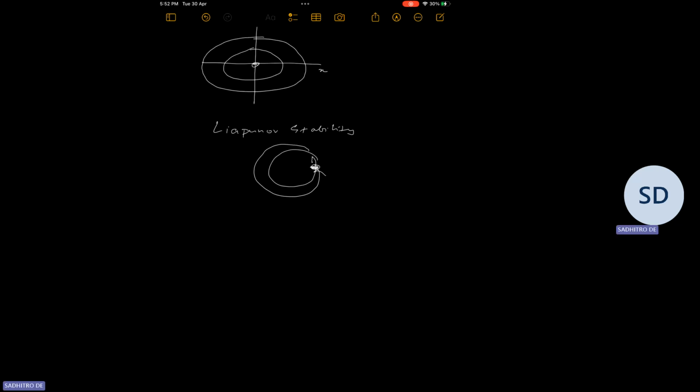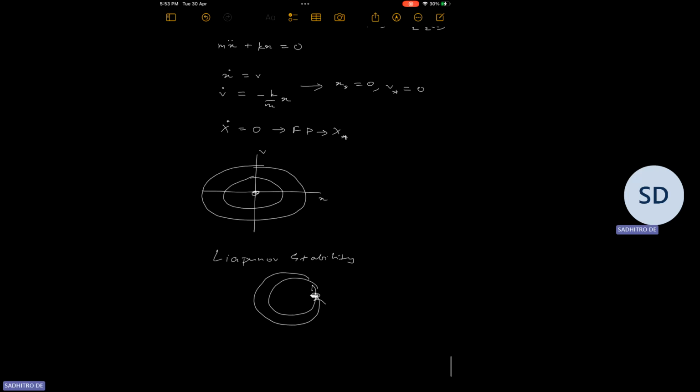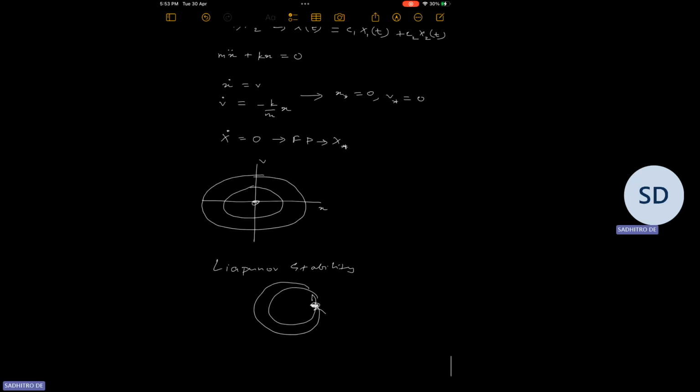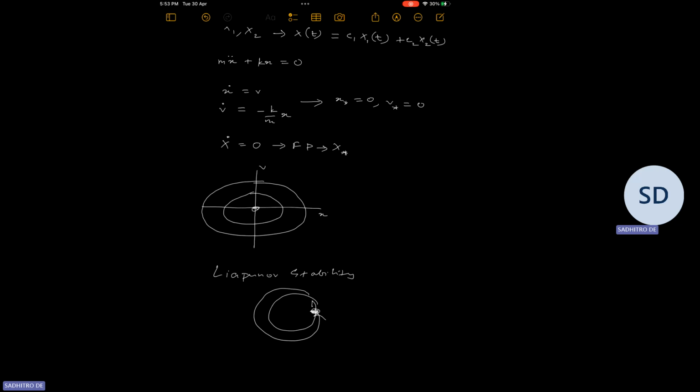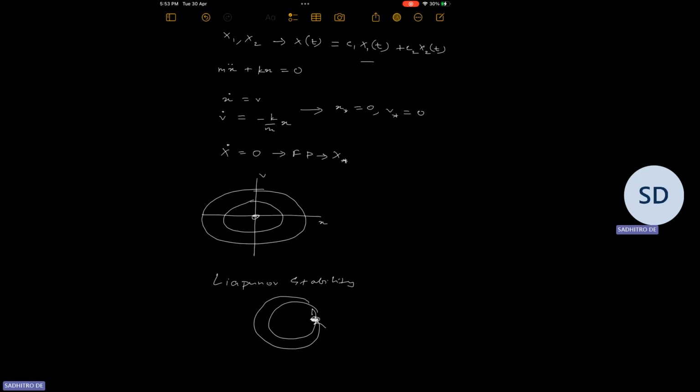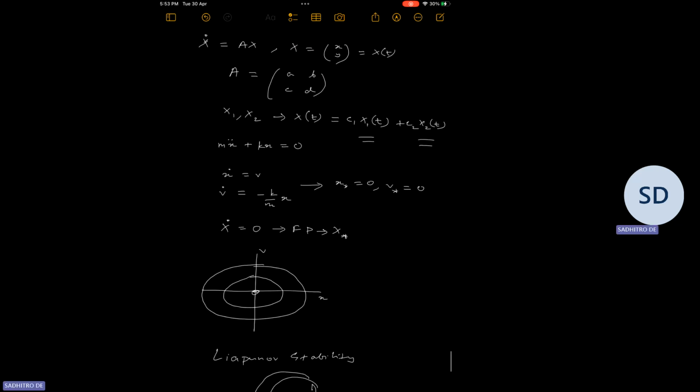Okay, now we try to classify the various fixed points of a linear system. We had seen before that if you have a two-dimensional linear system, then you can have two independent solutions, and these independent solutions can be combined together to give us the total solution. In other words, we have to solve the eigenvalue equation for this matrix.